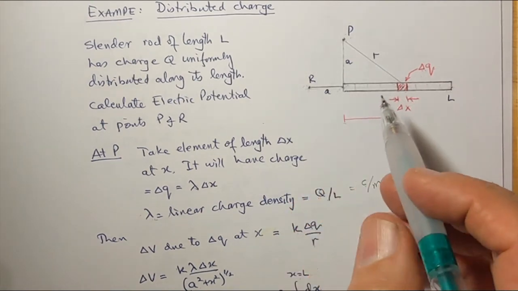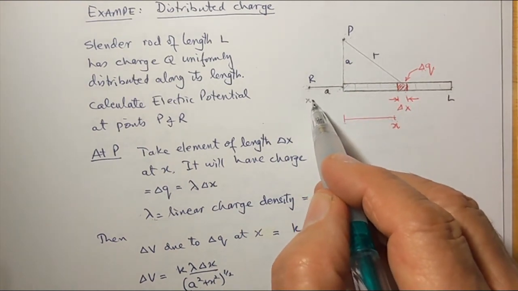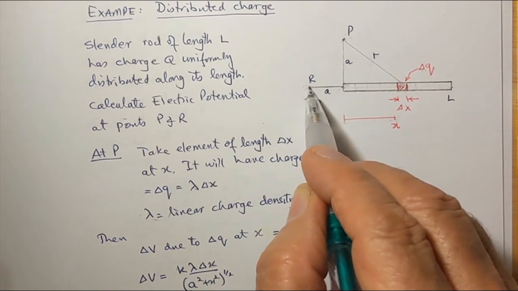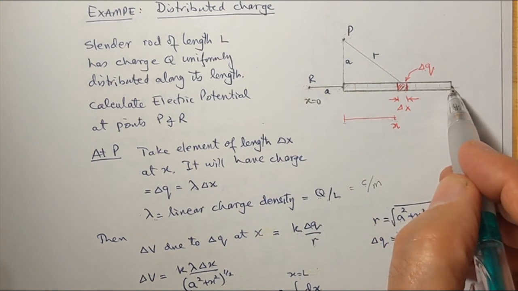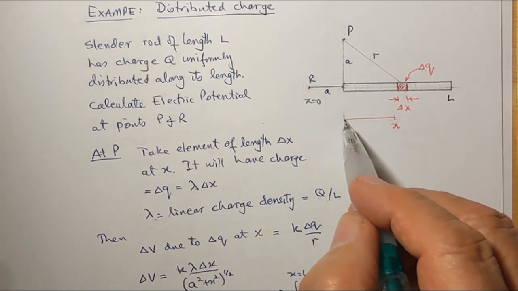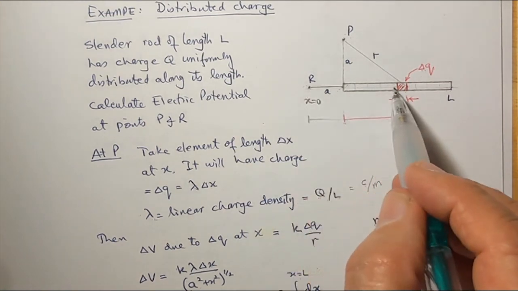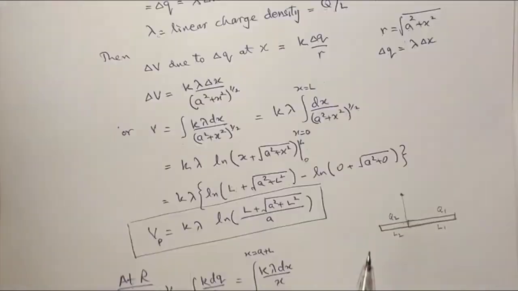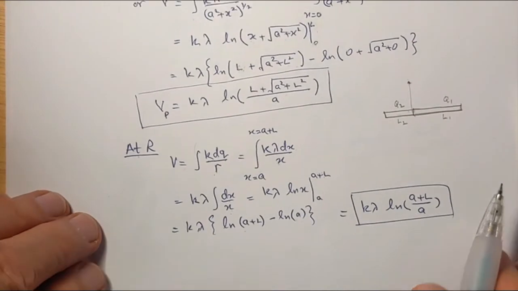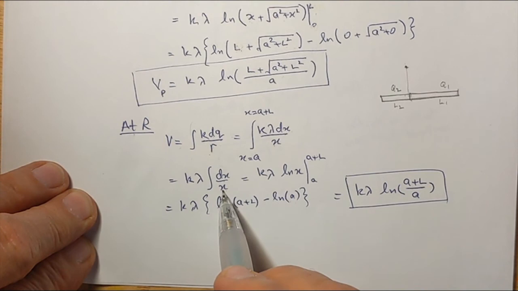So now we can start our x equals 0 would be here, and then we integrate from x equals a to x equals a plus L. So now instead of taking x equals 0 here, we take x equals 0 here, and then this point is at a distance x from R. So we get this equation, and then the integral of dx over x is ln x.